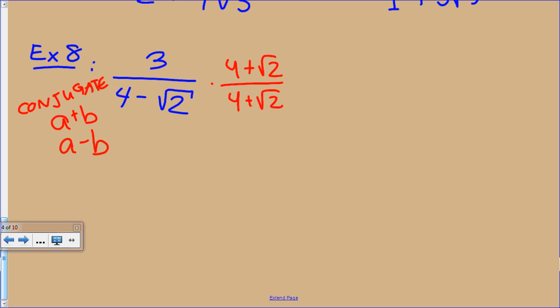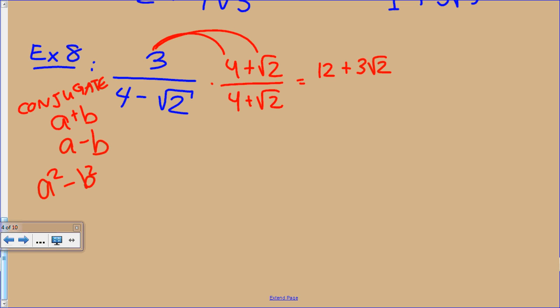Just remember now, you need to go ahead and distribute. That's what we were practicing last night. Good. And remember, when we multiply together conjugates, the inside terms, whenever you double distribute, they always cancel out.